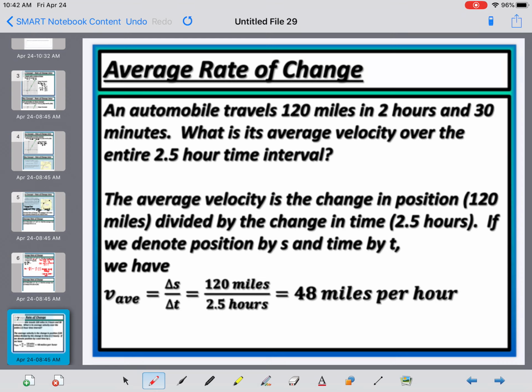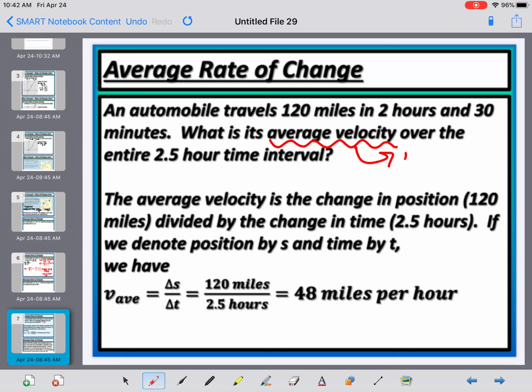Okay, so now let's think about this in a real life situation and determine the pros and cons to average rate of change and what it's really telling us about a situation. If a car is traveling 120 miles in 2 hours and 30 minutes, what is the average velocity?